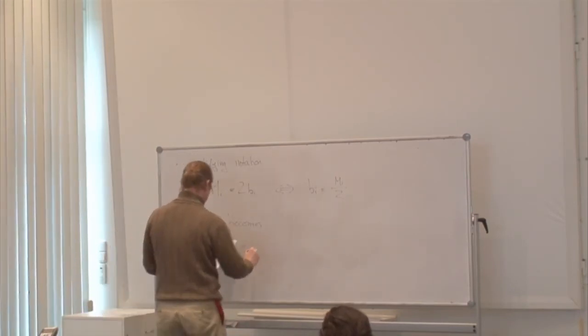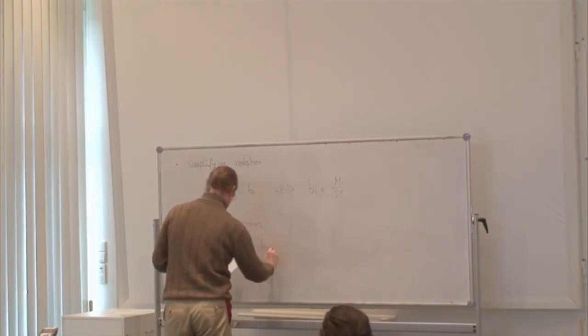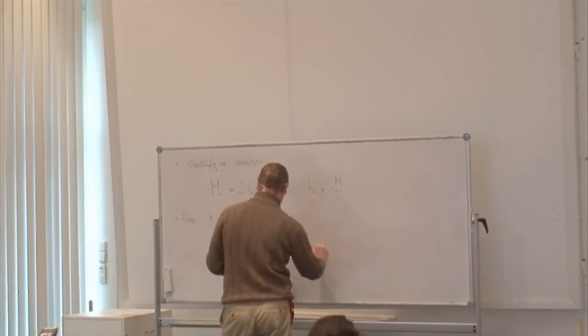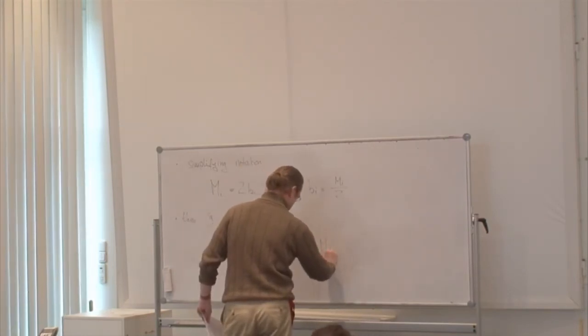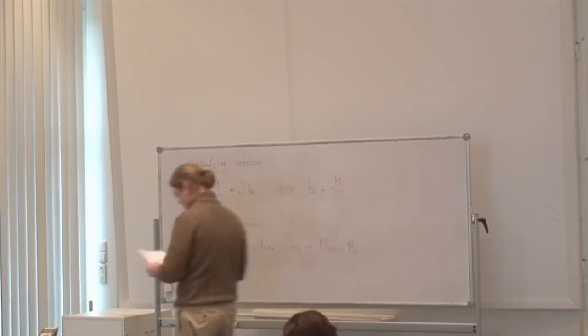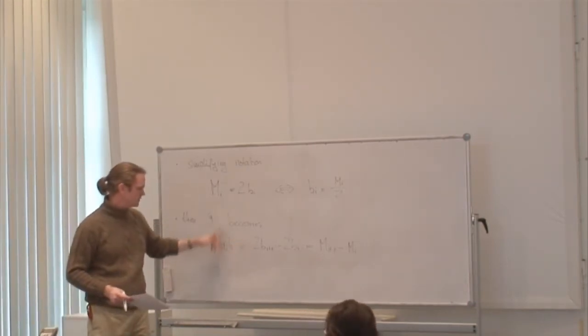Just rewriting this, equation 9 is 2bi plus 1 minus 2bi, which is now, with our new friend, the same as mi plus 1 minus mi.